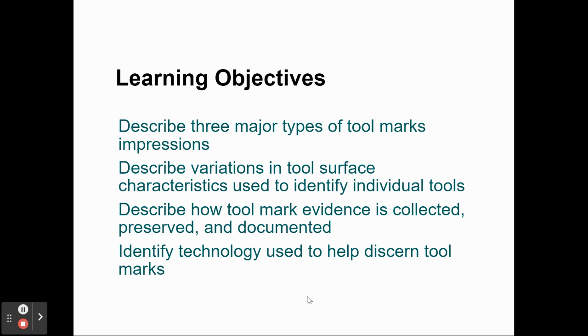Again, this removes a lot of the subjectivity, or at least attempts to remove a lot of the subjectivity that's associated with tool mark analysis, making it much more objective in terms of its analysis, therefore more reliable, more repeatable, and obviously better from a law enforcement standpoint.